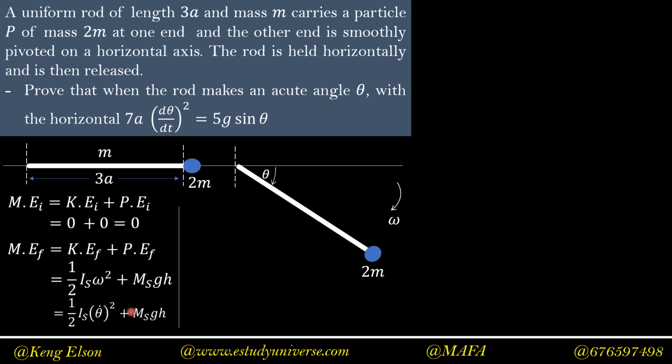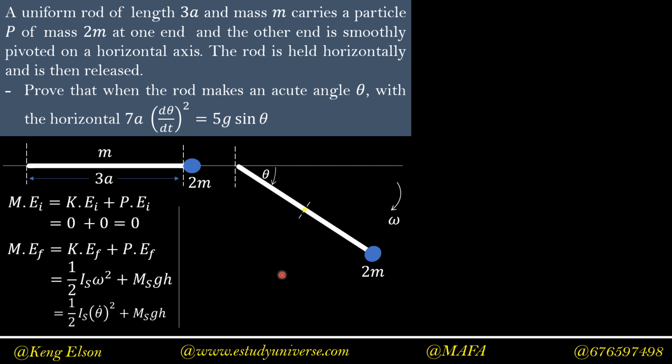The mass of the system is the mass of the rod plus the mass of the particle, which is 2m plus m, giving us 3m. So the only two missing terms we need are h, which is the distance from the center of mass of the system to the line of zero potential energy, and I of s, which is the moment of inertia of the system about the horizontal axis.